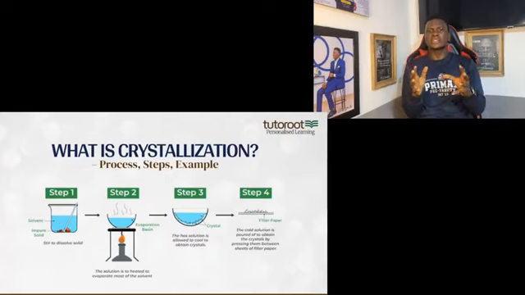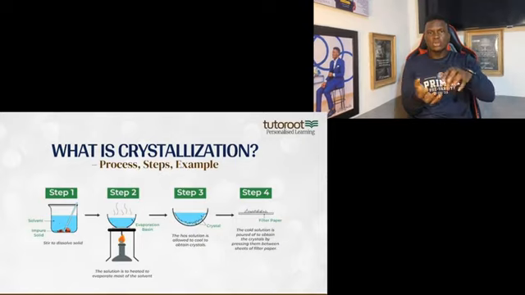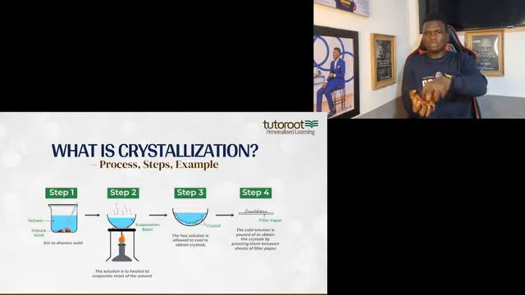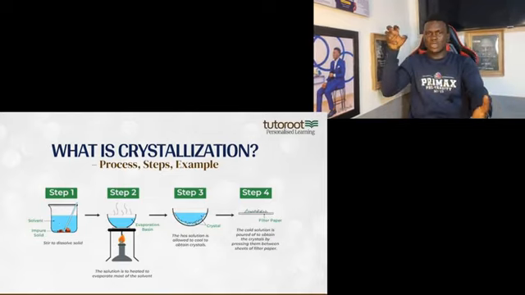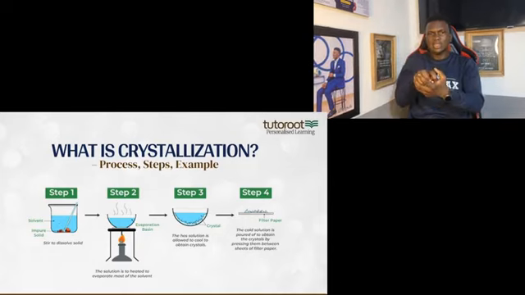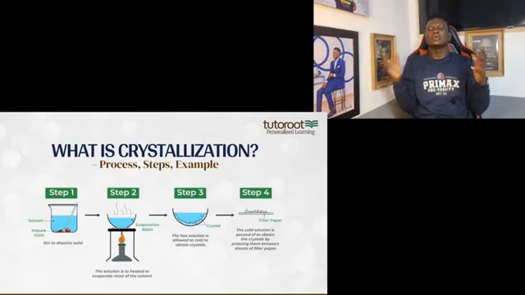The next one to look at is what we call crystallization. You use crystallization to separate solids of different solubilities. So you have solids in liquid, and these solids are soluble in the liquid, but at a particular temperature, they become insoluble. So you can separate them from the liquid. That is what we call crystallization. Most solids that can form crystals, like sugars, you can separate from their mixtures by crystallization.